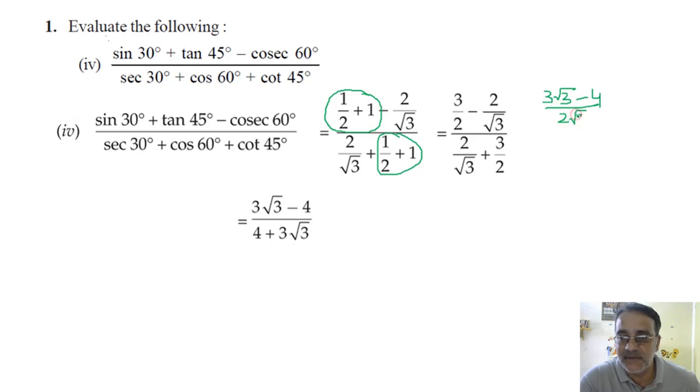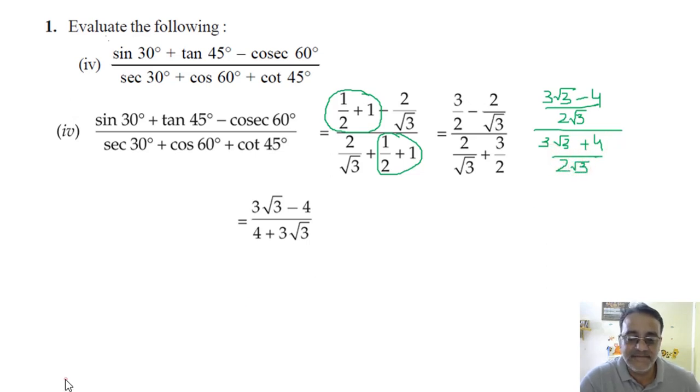This is the numerator part. Now divided by the denominator. You can write 3 root 3 first, because the plus sign will not affect the answer, plus 4 upon 2 root 3.